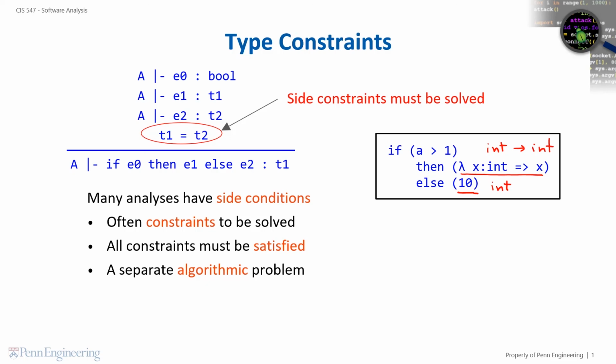Without the side condition, this program would be typed as a function mapping ints to ints. This would cause the type system to be unsound, as the program would not evaluate to a correct type if a were ever less than or equal to 1.